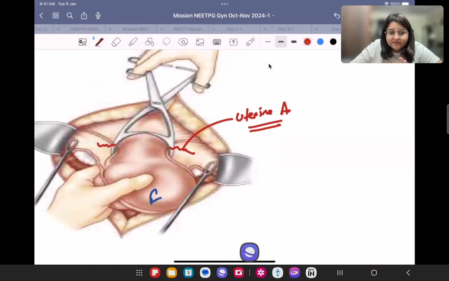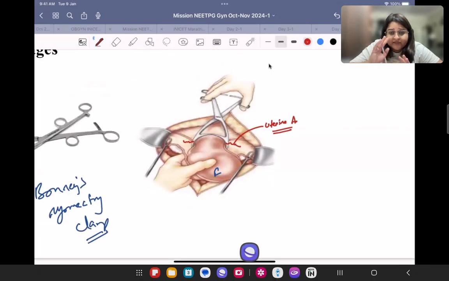Why do we apply this? Because remember, myomectomies are very, very bloody surgeries. बहुत blood loss होता है. So we look for ways to reduce intraoperative blood loss. One way of reducing intraoperative blood loss is by applying this clamp at the level of the uterine artery. We apply it for 20 minutes. And then we release, because if you apply it for longer than that, then the uterus can undergo ischemia and necrosis.